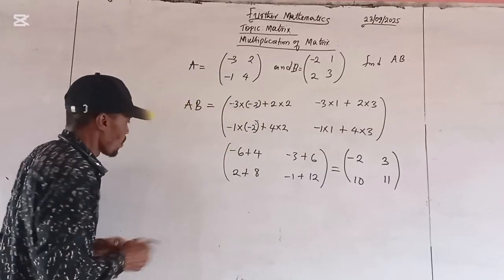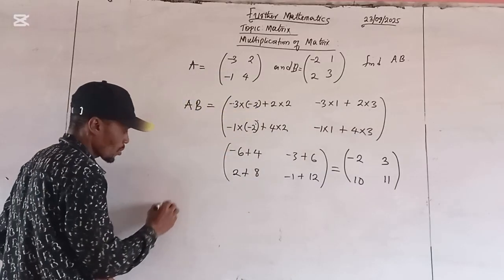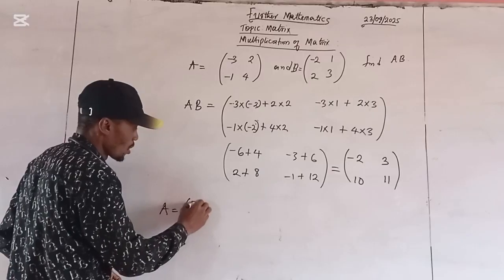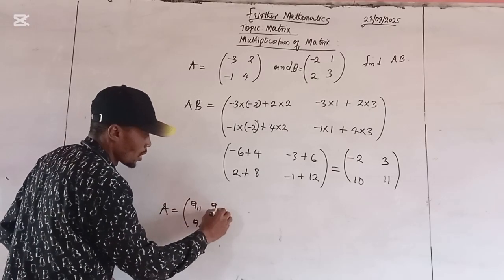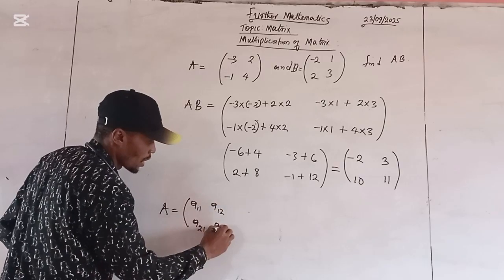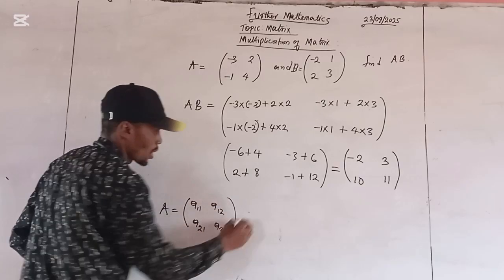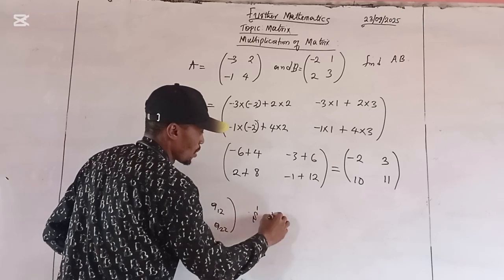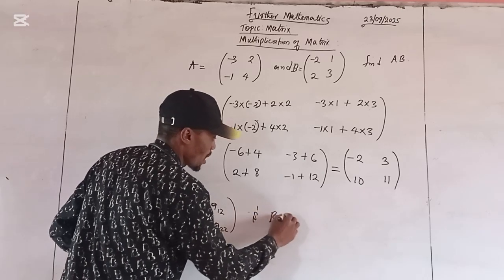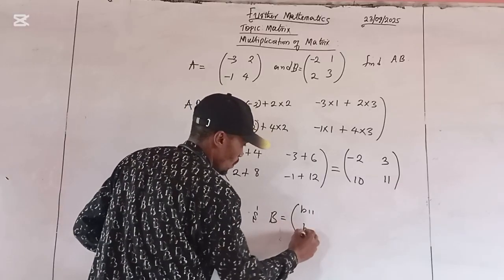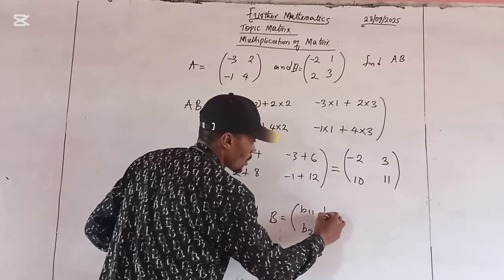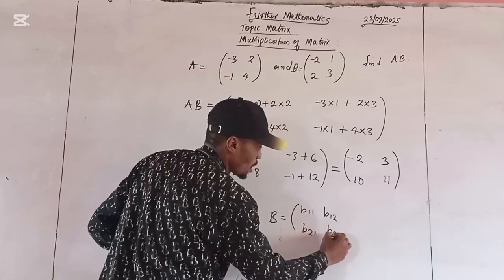So let us look at, suppose A is equal to A11, A21, A12, and A22. Okay? And B is a matrix equal to B11, B21, B12, and B22.